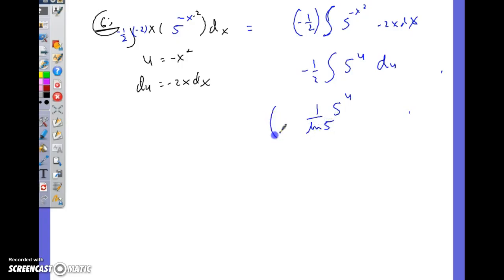And I've still got the negative 1/2 out in front. Plus c. And I might as well go one more level. So I go negative 5 to the negative x squared over 2 ln of 5 plus c.